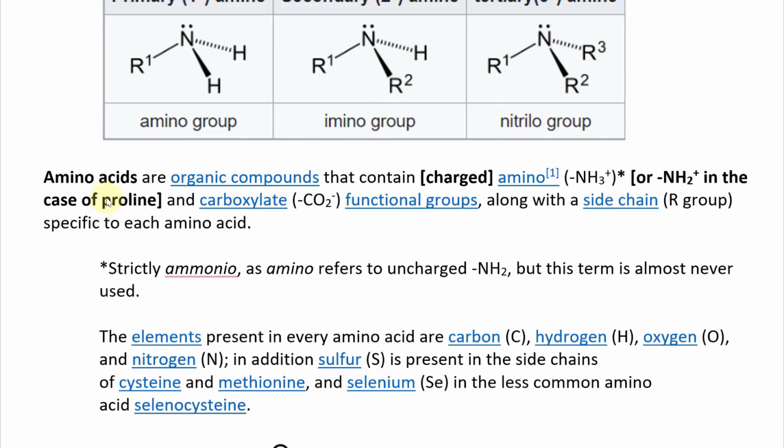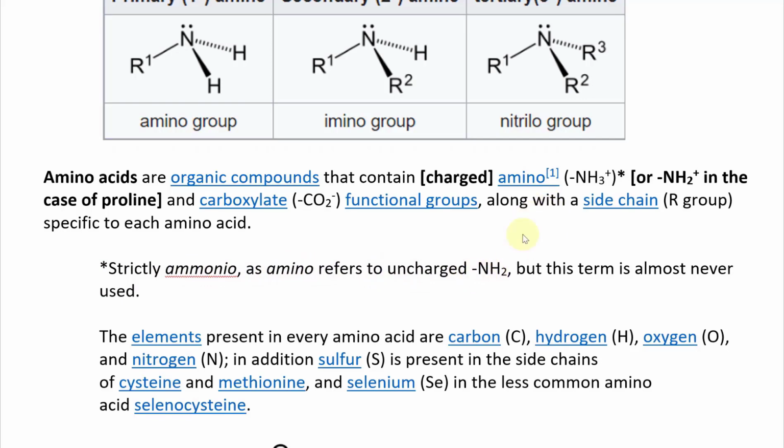All right, let's go further. Amino acids are organic compounds that contain, and I put this in brackets, charged amino, just to be more accurate, which is -NH3+. I put a star here, and this is from Wikipedia as well: strictly ammonio, as amino refers to uncharged -NH2.